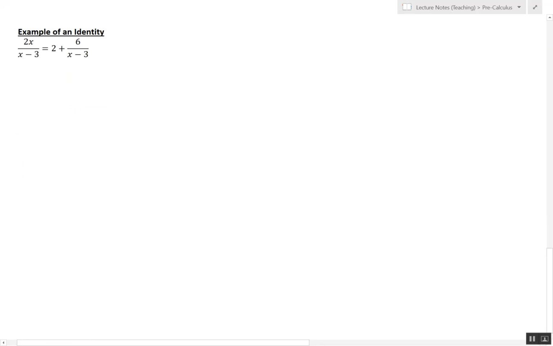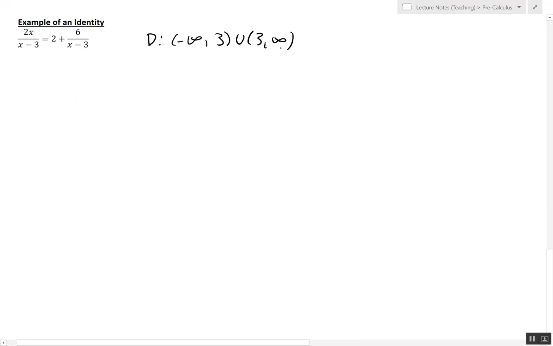So let's look at an example of identity. So I have a fraction here. So notice in this that the domain is negative infinity to 3, union 3 to infinity, or another way to write it is the set of x such that x is not equal to 3. So if this is going to be an identity, it's only going to be an identity on this set because this equation is undefined for 3.